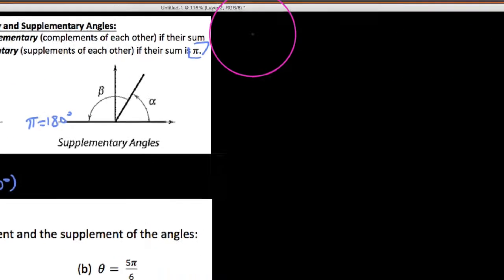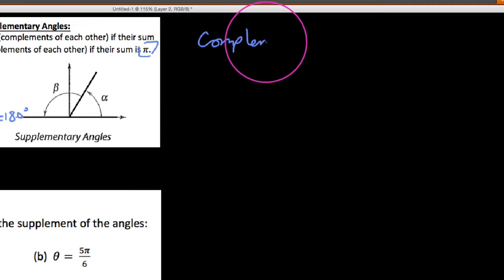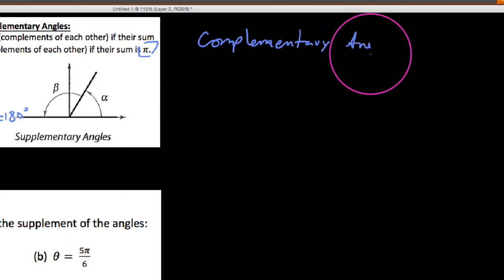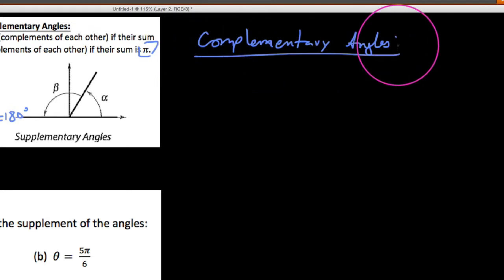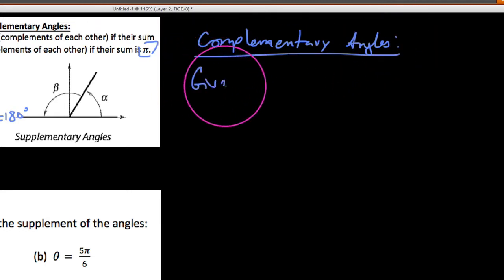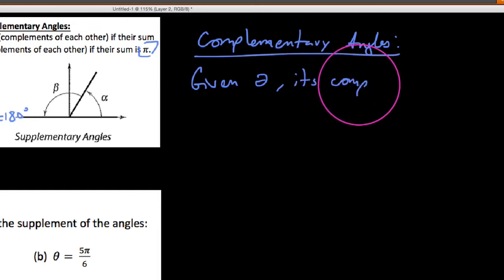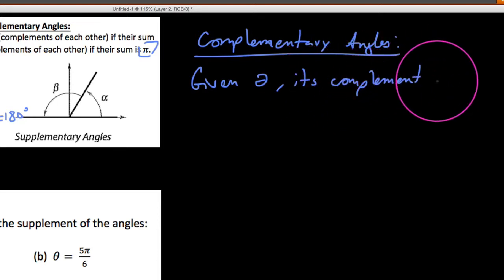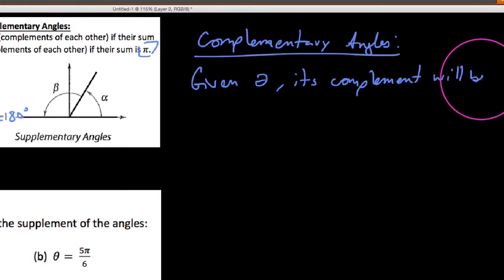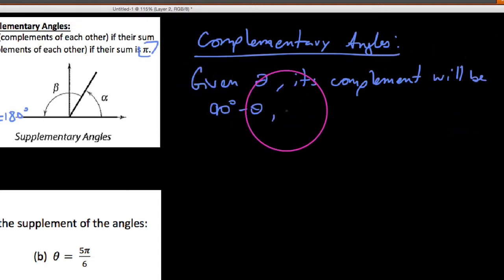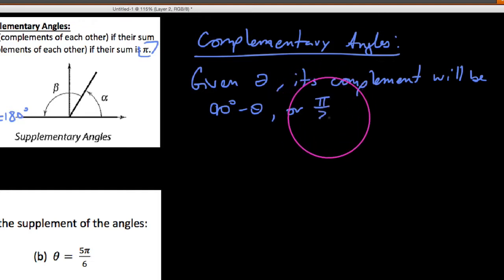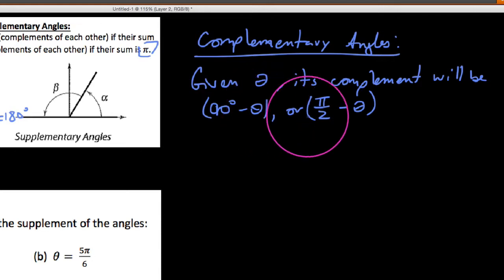So if you want to find complementary angles, given theta, its complement will be 90 degrees minus theta, or pi halves minus the original angle that we were given. That is how we're going to find the complement.